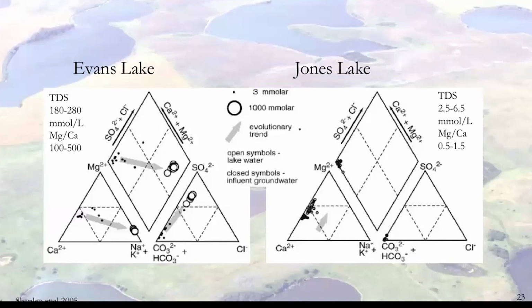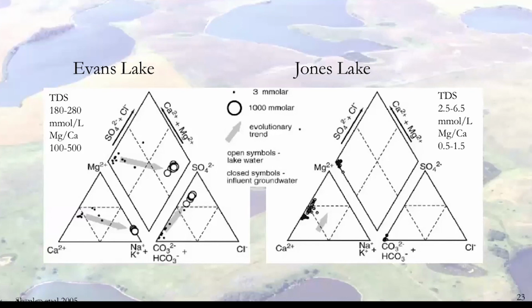And there's also sulfate enrichment, but when you look at carbonate alkalinity to calcium ratio, it's still increasing because calcium removal is so complete. In Jones Lake, with a shorter residence time and much higher loss of lake water to the groundwater system, TDS remains quite dilute, and the calcium ratio also remains quite low.